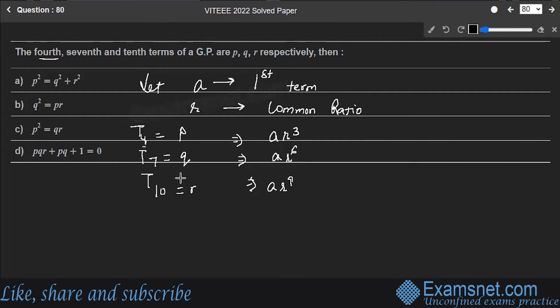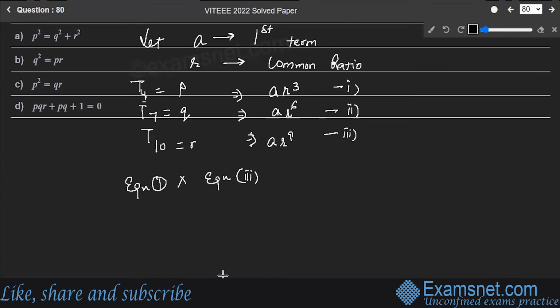Now, this is equal to p, q, r. Correct. Let's say this is equation 1, this is equation 2, and this is equation 3. Now multiplying equation 1 and equation 3, you have p into r is equal to ar^3 times ar^9, which is equal to a square r raised to power 9 plus 3, that is equal to 12.